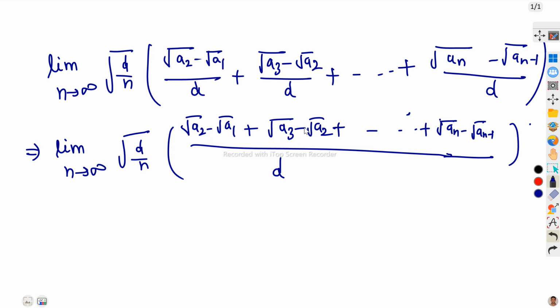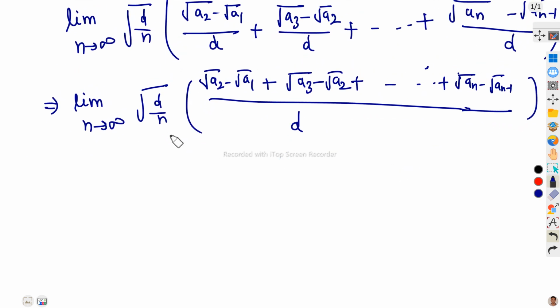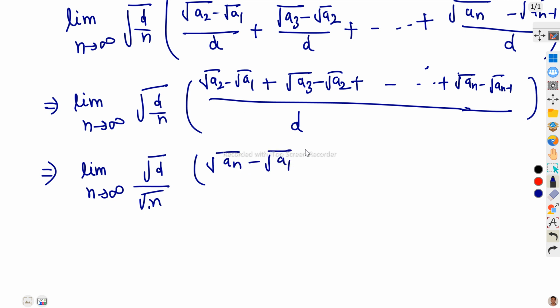After addition of these two terms, we are getting square root of a3 minus square root of a1. Continuing this way, the last terms get cancelled, and we are remaining only with square root of an. So we are getting the limit as n tends to infinity of square root of d upon square root of n, times square root of an minus square root of a1.